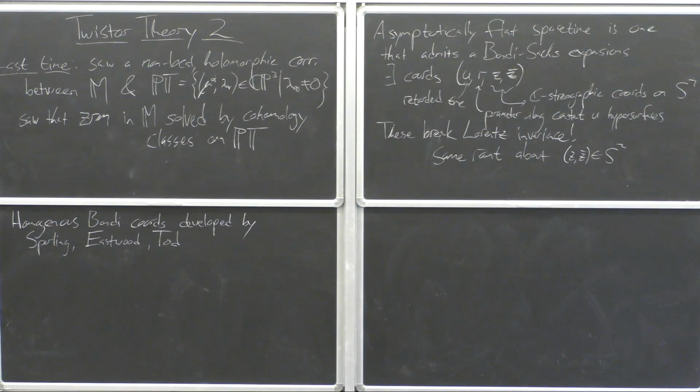I'm not suggesting that calculations done in this coordinate system are wrong, just that there's a way to make them nice. And you may or may not be convinced of this at the end of this lecture.